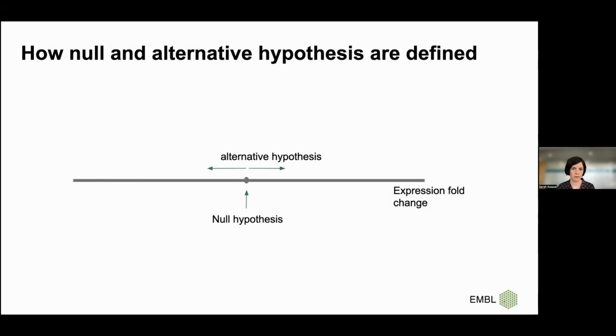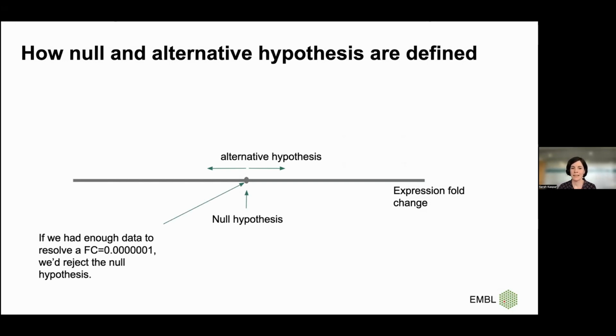And the alternative hypothesis is really anything else. This means if we had the tiniest change in expression or protein level, and we had just enough data points to resolve it, this would be enough to reject the null.